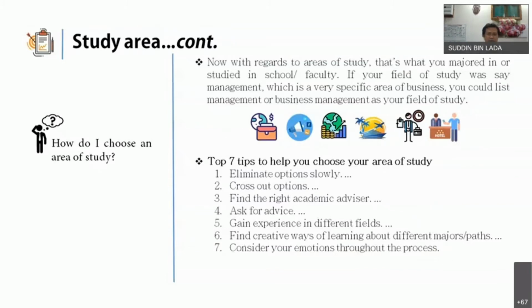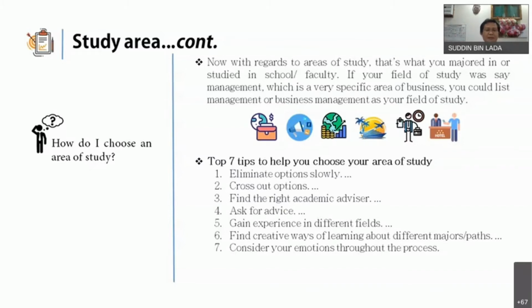You can choose any tips, but this is to share the 7 popular tips, especially on choosing or identifying your study area. In my earlier slide, I was looking at the early stage, but the top 7 tips here are already in the middle stage.